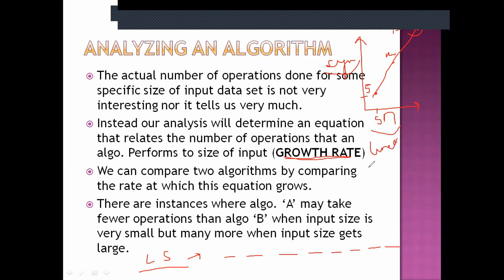Linear means as you're increasing the value of n, your significant operations are also increasing in the same order. So that is called the linear relationship. So instead of saying 100 or 1 lakh or 1000, if you tell me that the time complexity is linear, that is the best way to define the algorithm complexity.